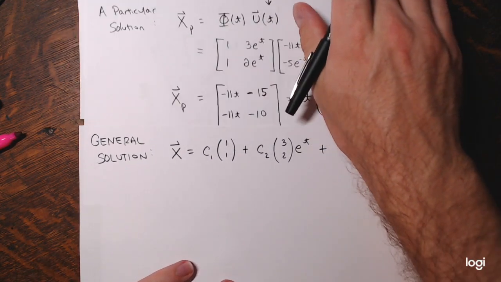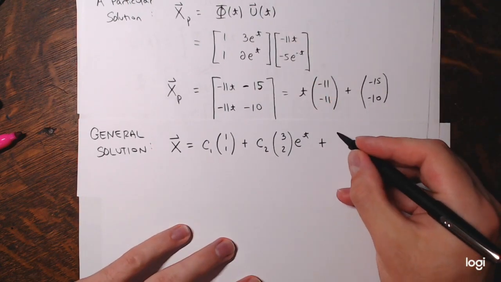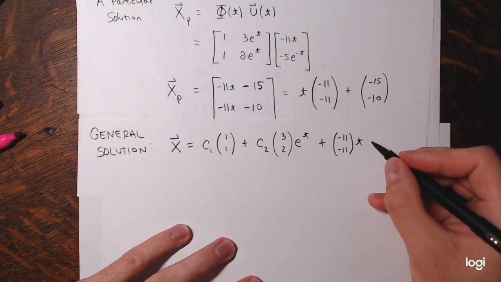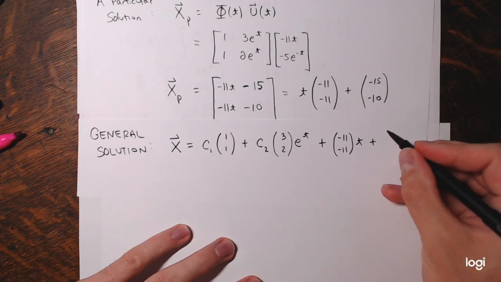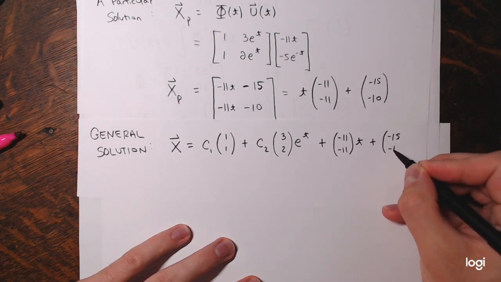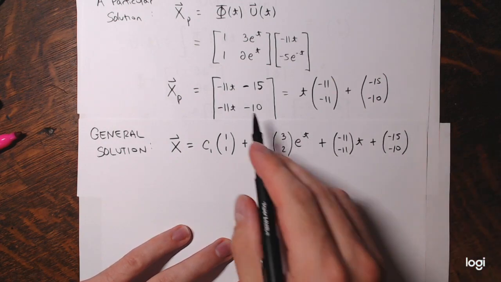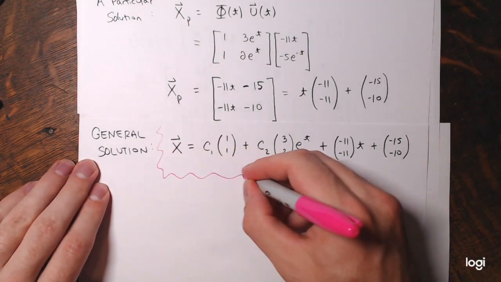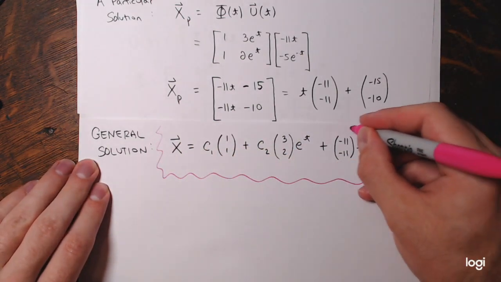Our particular solution looked like this: the vector -11, -11 times t plus the vector -15, -10. Or if you wanted to write that all as a single vector, that's fine. This gives us solutions to this system.